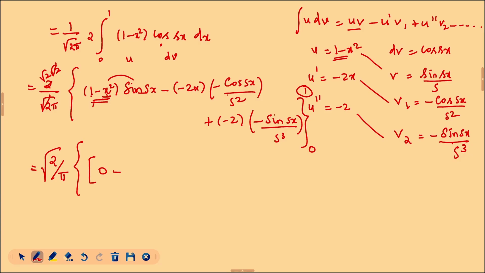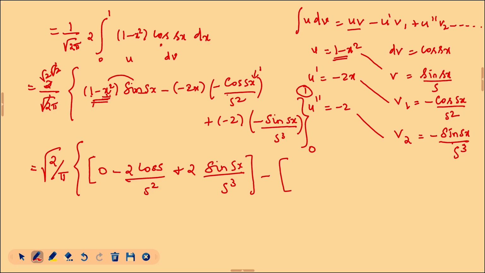Now, 2 into 1, which is 2. Your x is 1 now. You get cos s by s squared. Now, minus into minus is plus 2 sin sx by s cube. So, the upper limit is over.